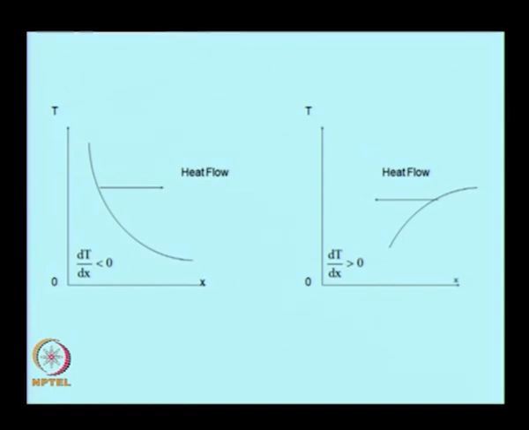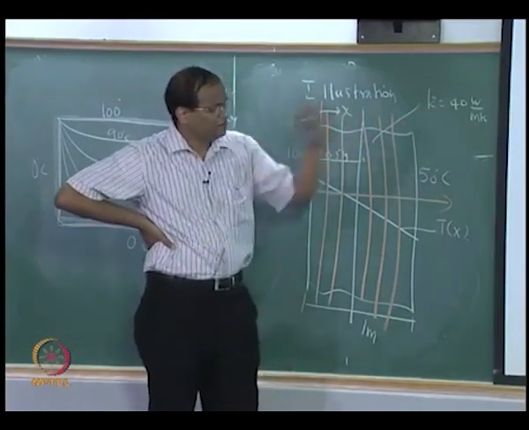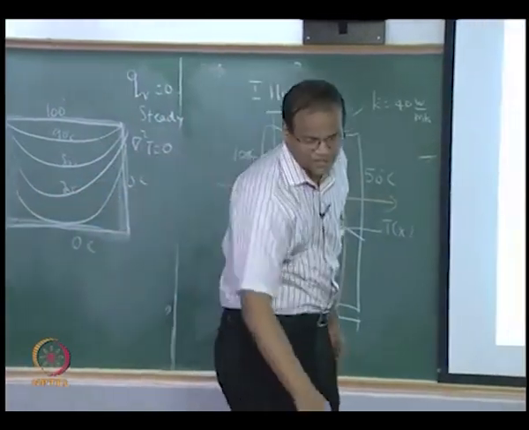The direction is given by the second law of thermodynamics, which forbids flow of heat from a low temperature to a high temperature without the aid of external work. So please note this: dT by dx less than 0 means the temperature is decreasing along x, therefore heat must be flowing from left to right, and this is exactly the opposite for the other case.